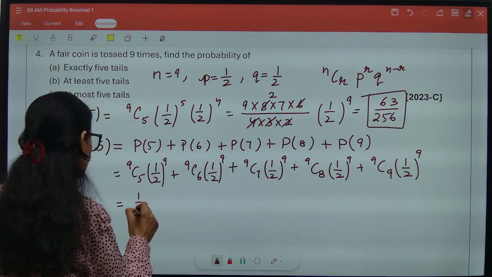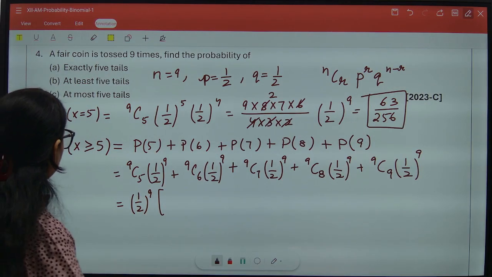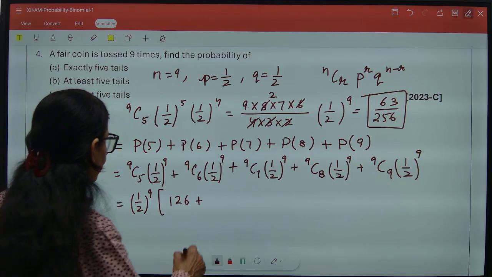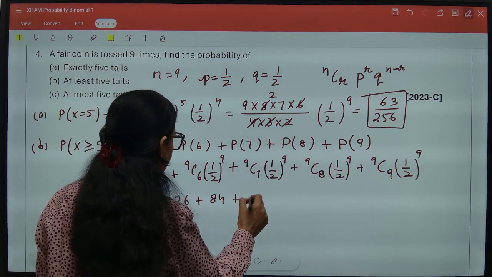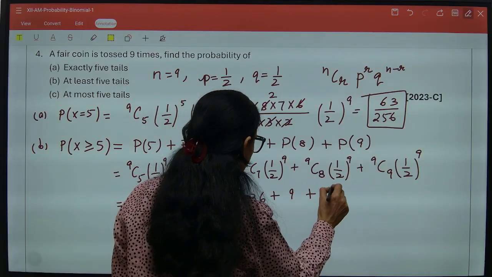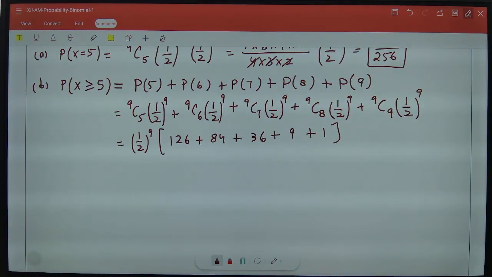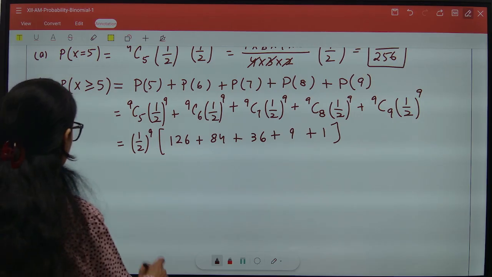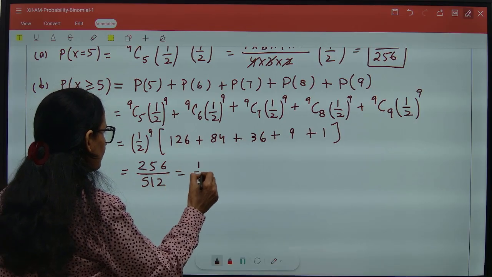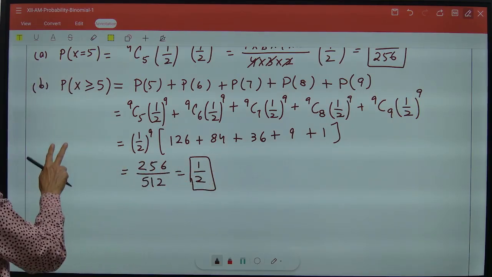Now let's take (1/2) to the power 9 common. 9C5 comes out to be 126. 9C6 is 84. 9C7 is 36. 9C8 is 9 and 9C9 is 1. Adding all these numbers, 126 plus 84 plus 36 plus 9 plus 1, it comes out to be 256/512, and that is equal to 1/2. It's better if you give the answer in the lowest form, otherwise it's okay. You can leave it like that also.